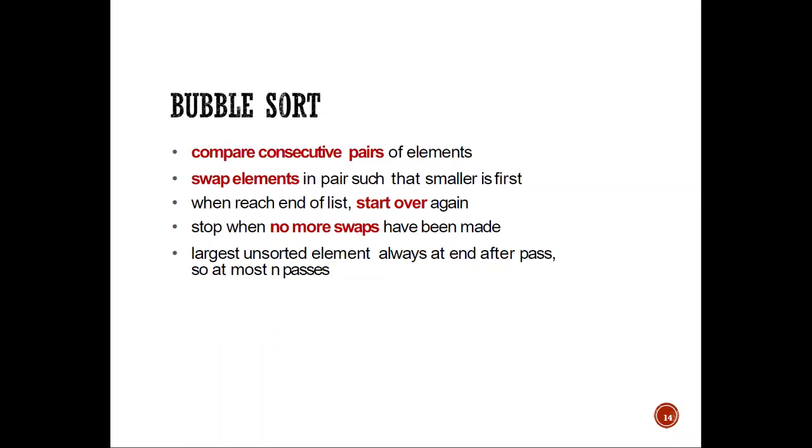A second sorting algorithm is what we call the bubble sort. So with bubble sort, we compare consecutive elements and we swap them in case one is larger than the other. So we compare every 2 consecutive elements and we swap them to make the smaller first.